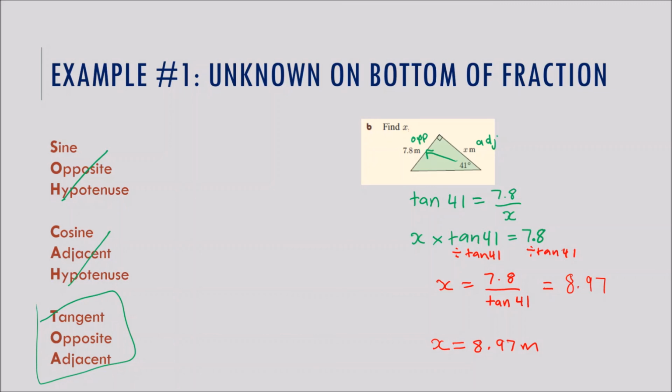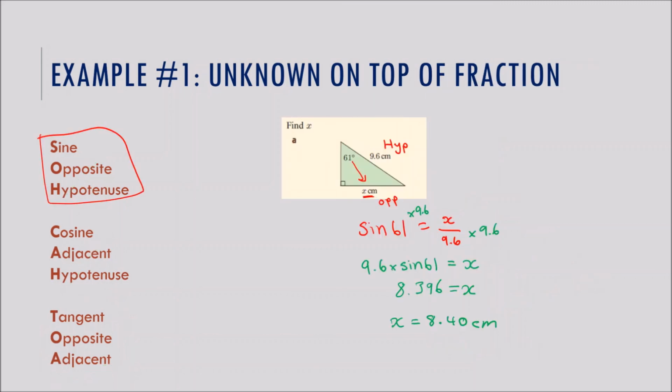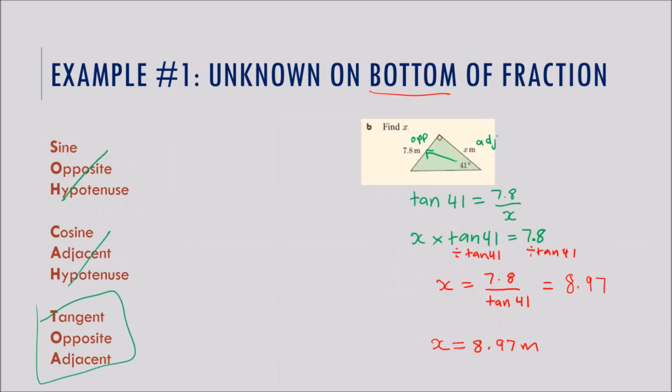So hopefully you can see the difference between whether you have an unknown on the bottom of a fraction or if you have an unknown on the top of a fraction. It's two slightly different sets of steps, but they're really the only two things that you need to be able to do when calculating sides using your trig ratios. Best way of practicing this is literally to do just that, practice.